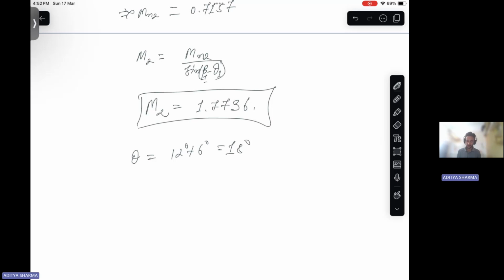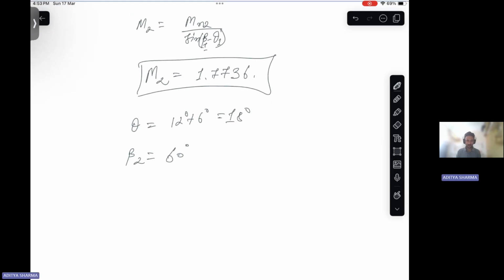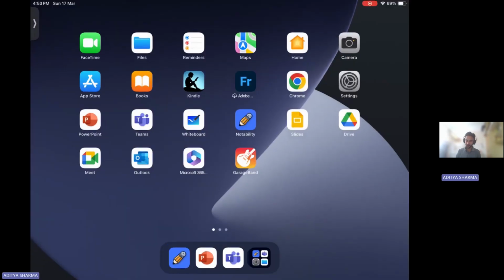18 degrees, right? And for that, we have this beta 2 value as 60 degrees, right? So in that case, the normal component of this flow in the second region, which is also upstream to the second shock, the shock that is coming from the secondary wall, right?